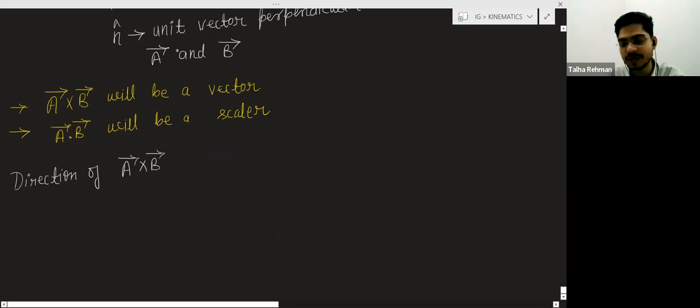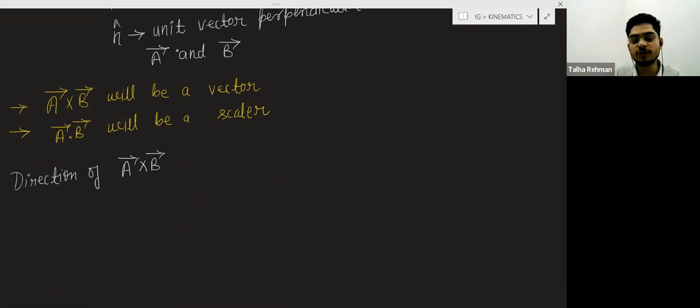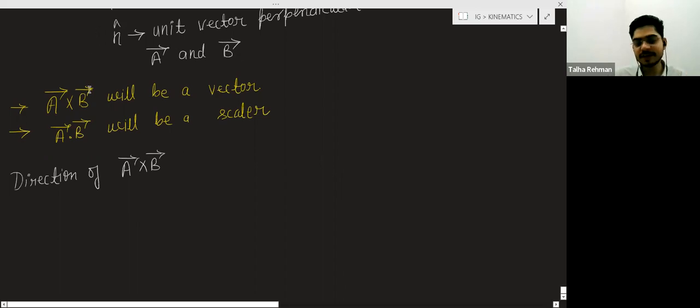Why have I not talked about the direction of A dot B? Can you tell me? Because A dot B is a scalar quantity. Yeah, because A dot B is a scalar, that is why no direction. A cross B is a vector, that is why I am talking about the direction of A cross B.